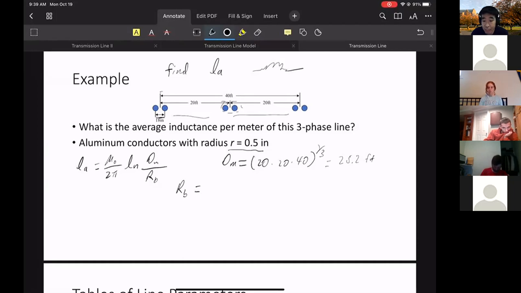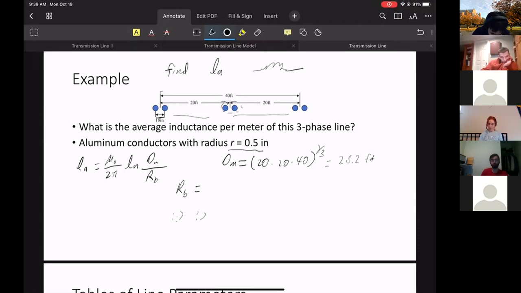The geometric mean we take here is the size of each conductor versus the separation between the two bundle conductors. So for this RB, remember, these are bundled together. So we need to take the geometric mean between this radius and this distance. So this is 0.5 inches. This is 18 inches.